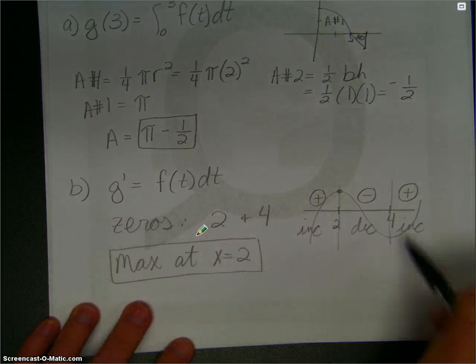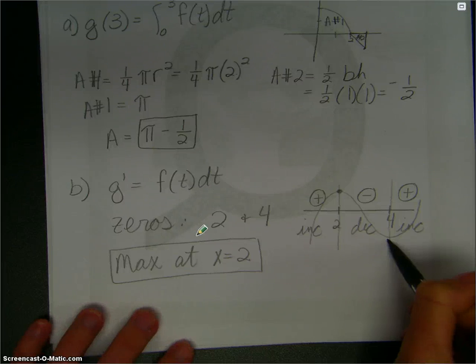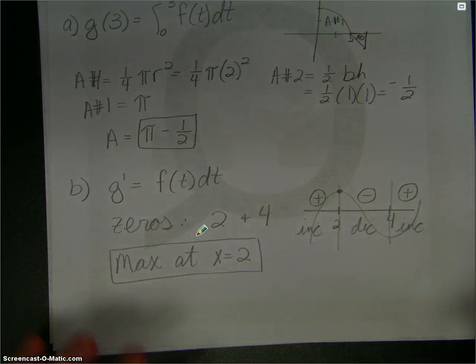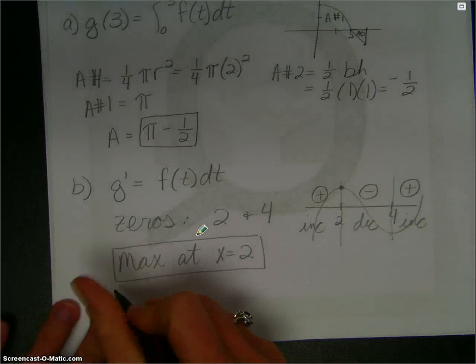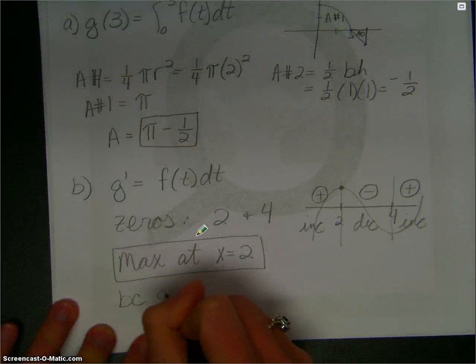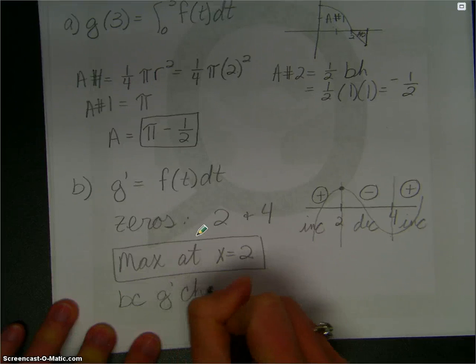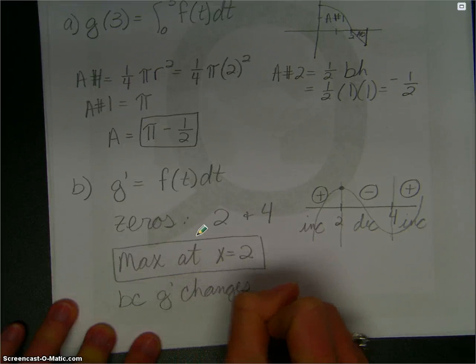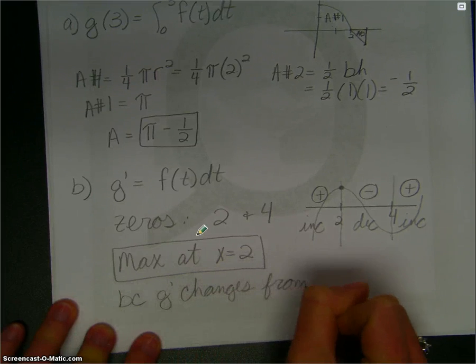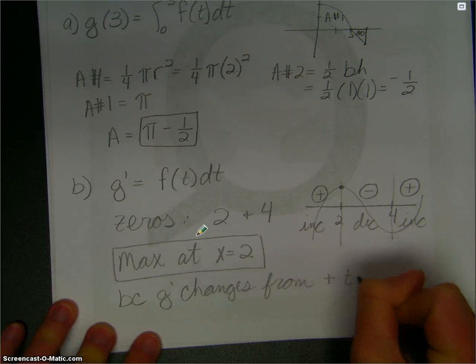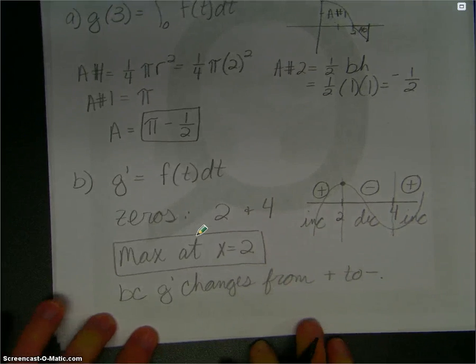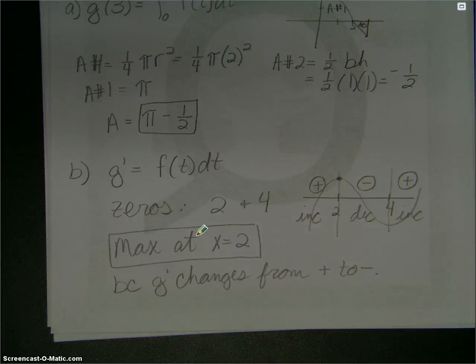If it had asked me for a minimum, this would be a minimum point right here where x is equal to 4. And where it asked me to justify my reasoning, I would say because g prime changes from positive to negative. So don't talk about the graph of G, talk about the graph of G prime.